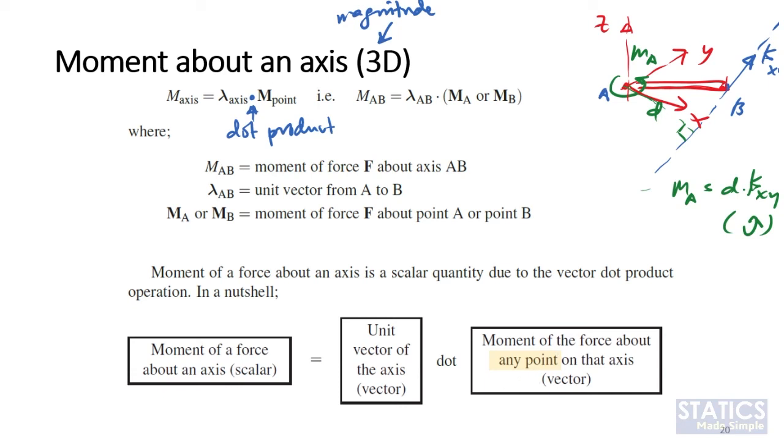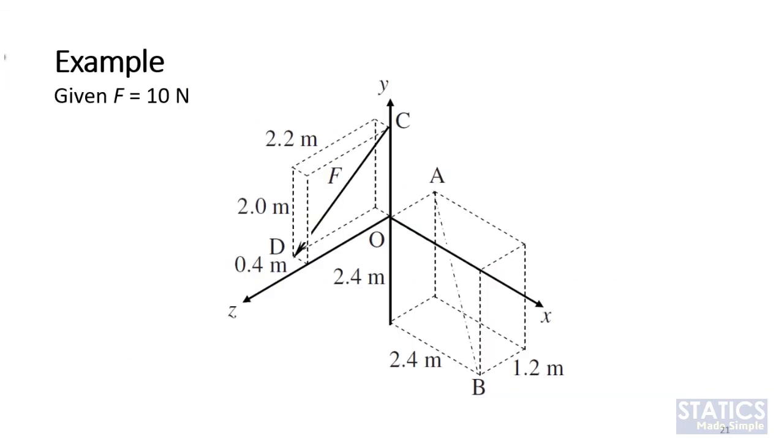Okay, so if we want to refer back to our previous example, let's say we have calculated moment at point B. Okay, if we want to know what is the moment about AB axis, this is a vector, this is a scalar or magnitude, right?